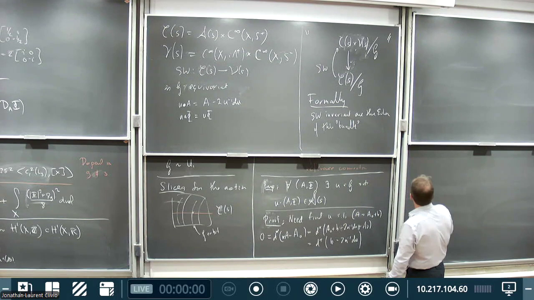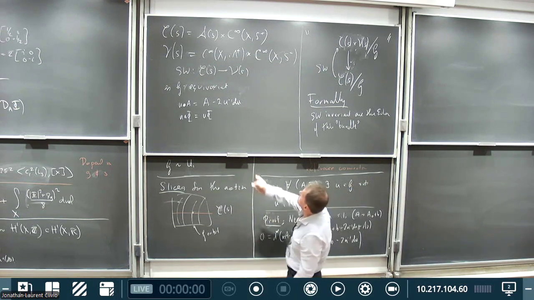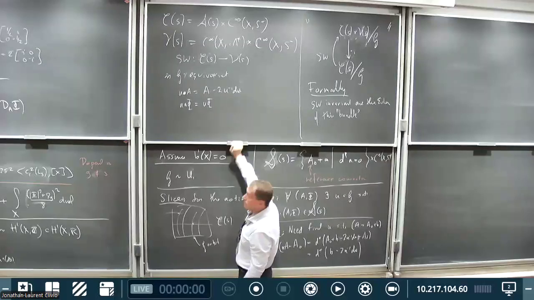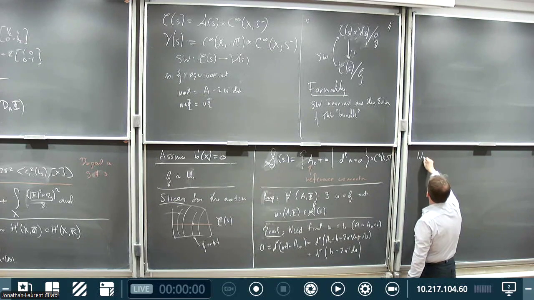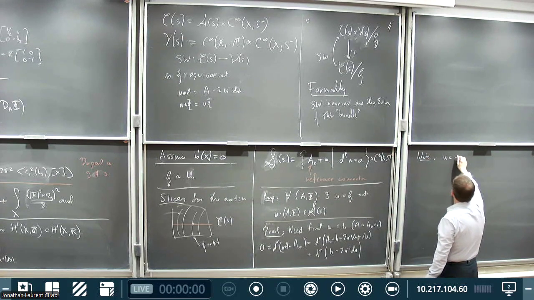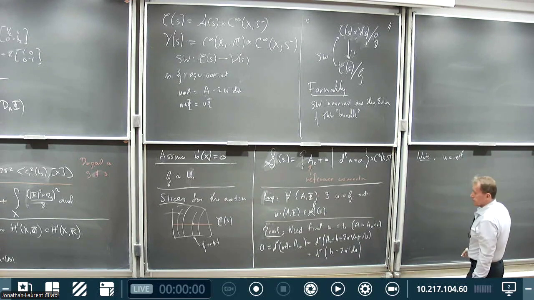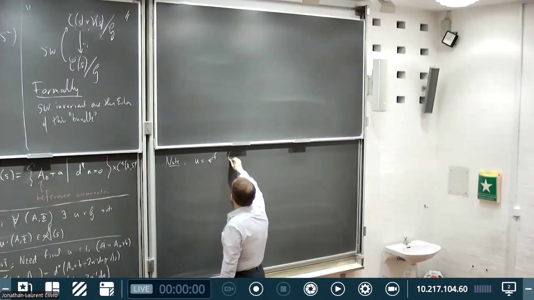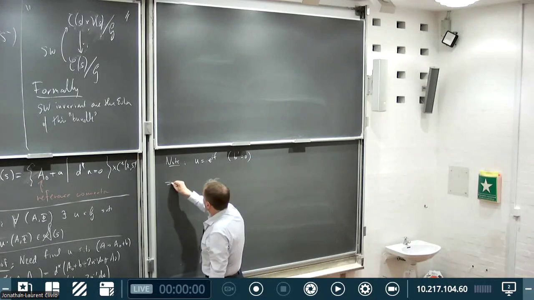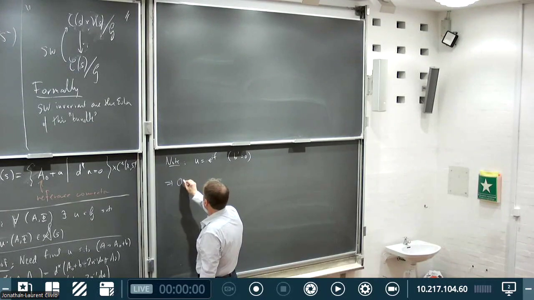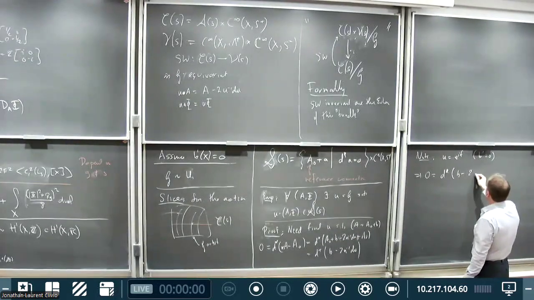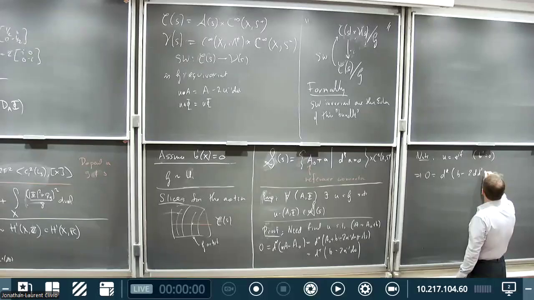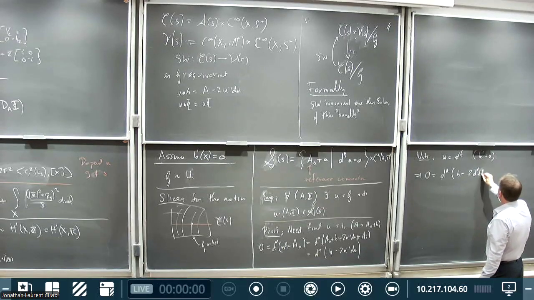But I assumed that D star B is 0. Because it is 0, I can write U as e to the i f for some function f. Then this equation is 0 equals D star of B minus 2 d f.